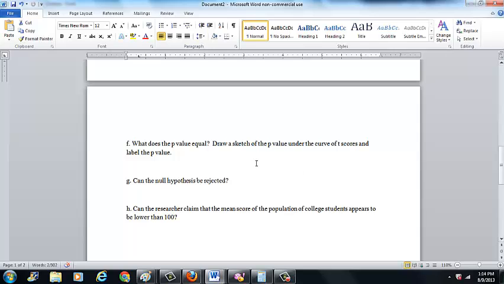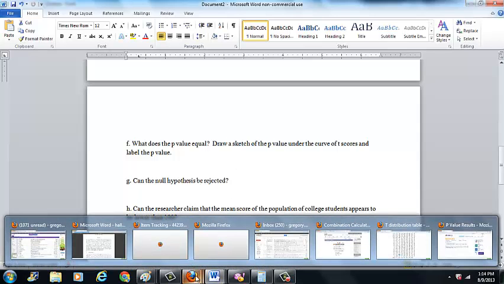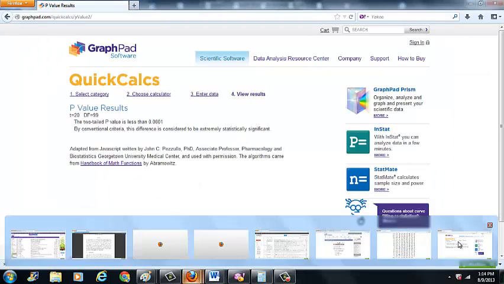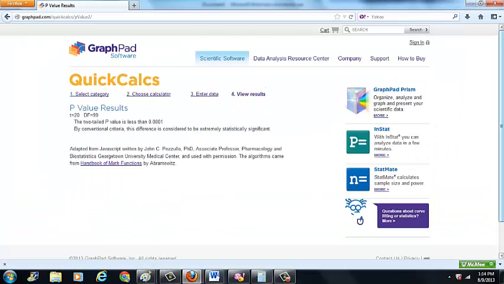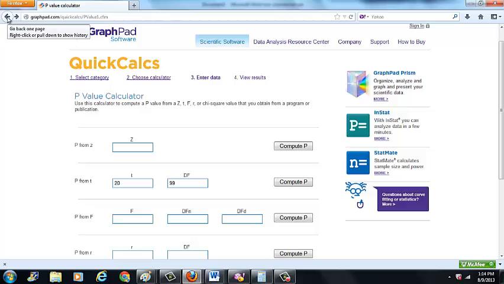The next question says, what is the p-value equal? To get the p-value, we have to go to our p-value calculator. We type in our t-score of -20, degrees of freedom of 99 again.